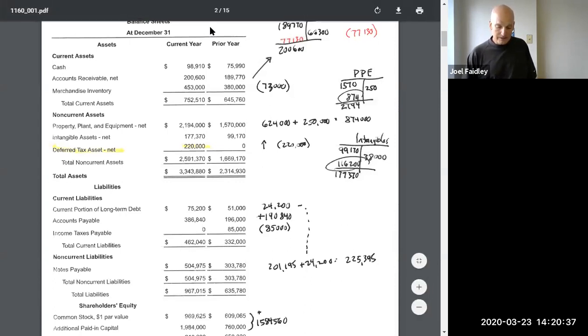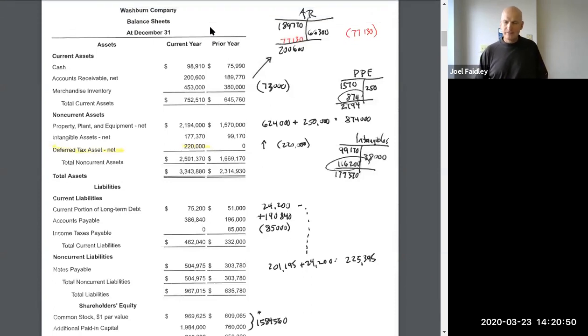And there's my property, plant, and equipment using a T account. I'll start with 1570. See that? There's my ending balance, 2194. I know I have depreciation of 250. Again, you think, why have you got 250 as a credit to PP&E? The same thing if I had accumulated depreciation in a separate T account. I just merged the two together to make it simpler, right? So I know it's been reduced by 250.